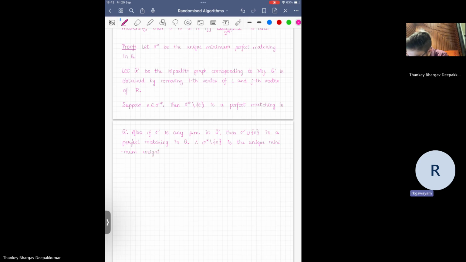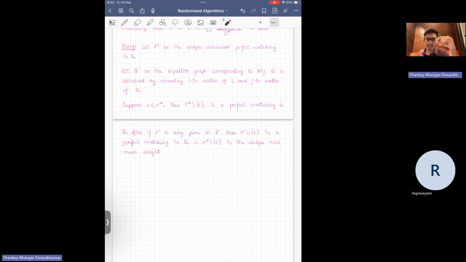I have a little doubt here. If we remove edge E from a perfect matching sigma star, and there is another matching sigma prime, and I include this E into sigma prime, where is the guarantee that this would remain a perfect matching after the inclusion?